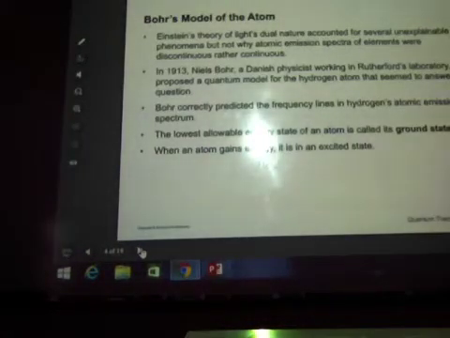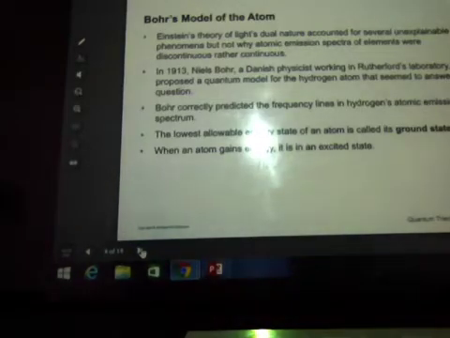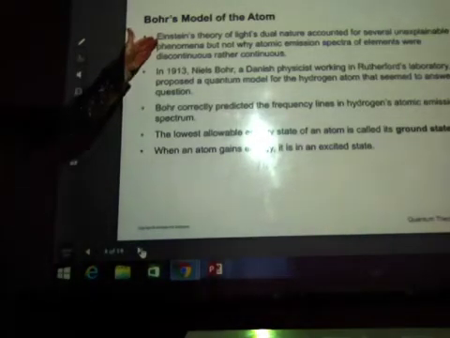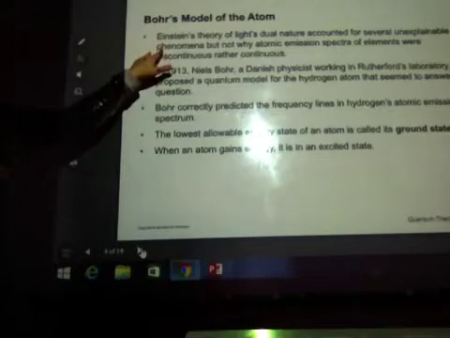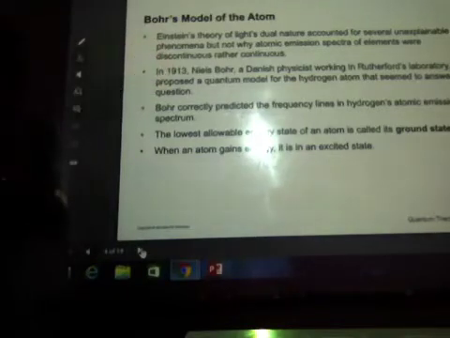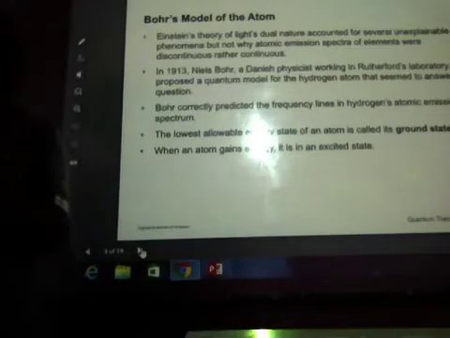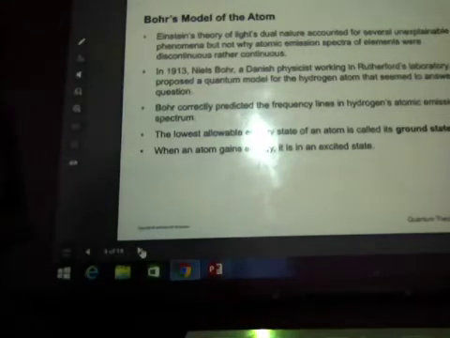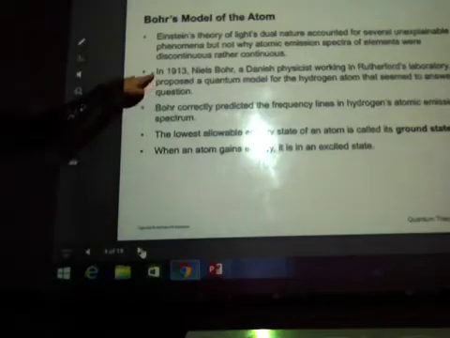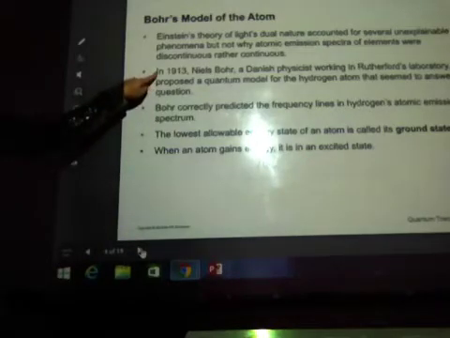So, to start it out, a little bit of background. Einstein's theory of light accounted for several unexplainable phenomena, but not the spectrum part. How come each element had its own spectrum? He did not know why that was. Niels Bohr, obviously he's important because we're going to use his model.